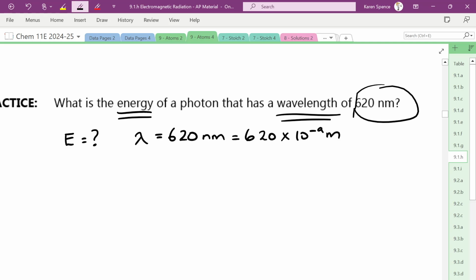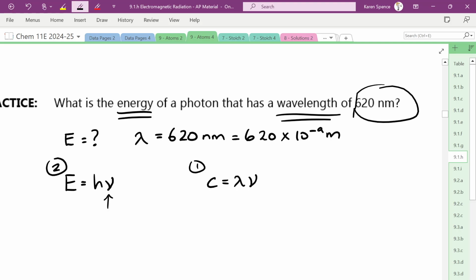So if we want to find energy, the formula that we need is E is equal to h nu, which means we need nu. Yes? But we also know that C is equal to lambda nu. So we're going to start with this, and then we're going to go to our second equation.